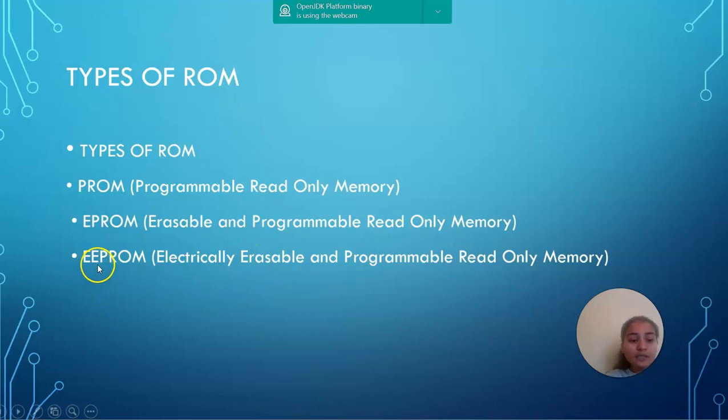Now, EEPROM, electrically erasable and programmable read-only memory. It means this is equivalent to EPROM but does not require ultraviolet light to erase its content. It can be erased by exposing it to an electrical charge.